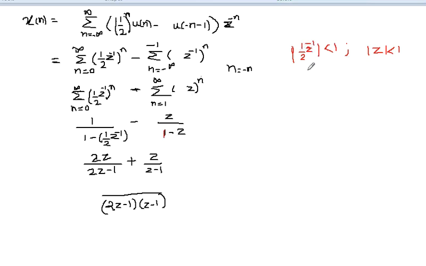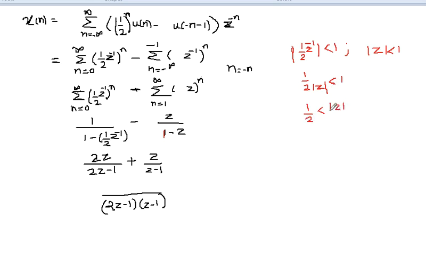And the solution of this gives 1 divided by 2z, meaning 1 by 2 into magnitude of z is less than 1, which implies that 1 by 2 is less than magnitude of z.